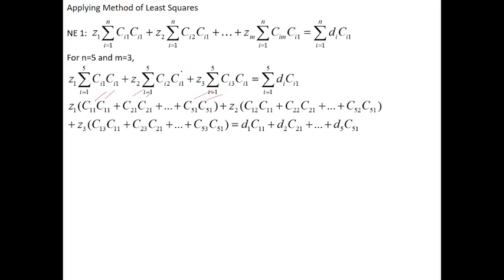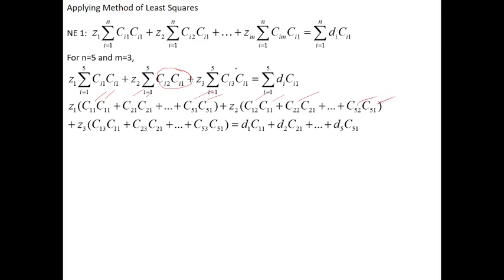Okay, for z sub 2, we have c12, c11, plus c22, c21 for I equals 2. For I equals 3, c32, c31, hanggang ma-reach mo yung I equals 5, c52, c51.